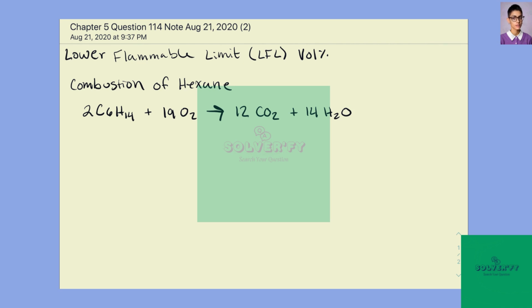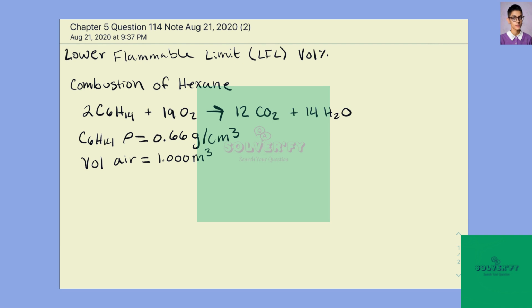So what we're first going to need is the density of hexane, C6H14, and the density they give us is 0.66 grams per centimeter cubed. They tell us that the volume of air is equal to 1.000 meters cubed.